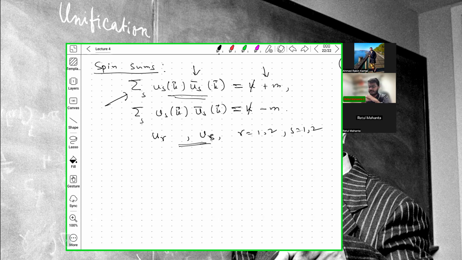So far I have stated s as spin, the small s or r. I have stated that the spin sums run over two independent vectors, call them u1 and u2, similarly v1 and v2. So spin is suggestive.